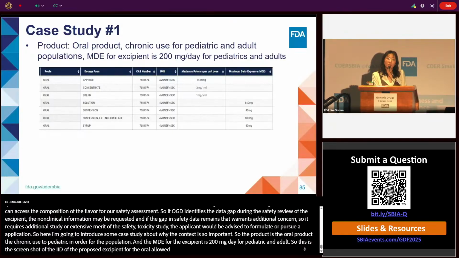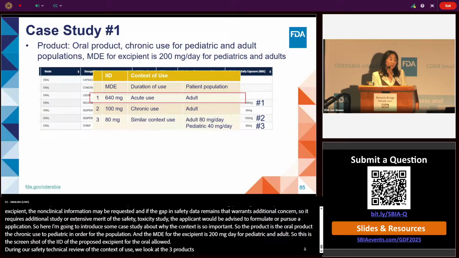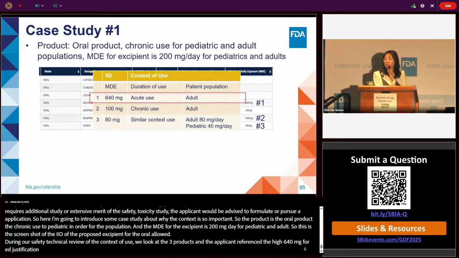During our safety technical review of the context of use, we looked at the 3 approved drug products, and the applicant referenced the highest MDE, 640 milligrams per day, as a justification. But the context of use of this product does not match, because it is only used acutely in adult patients.